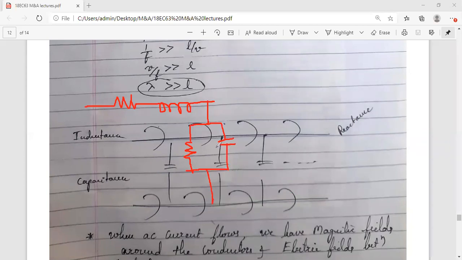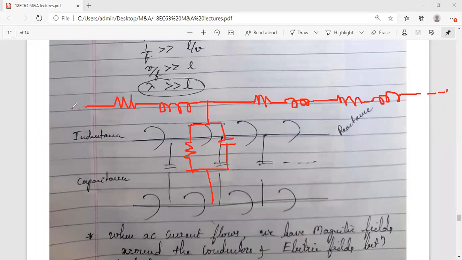I have taken it like this just for simplicity. You can take two separate lines also. This is one bifurcation. Let me erase it. Then one more resistance, inductance, then one more resistance, inductance. This will continue.